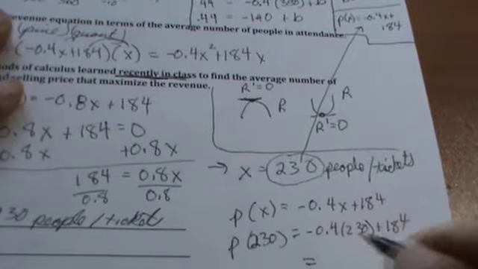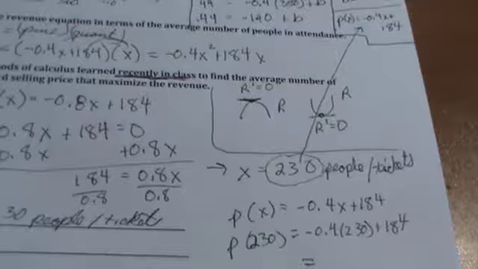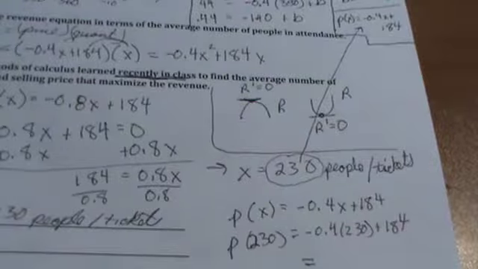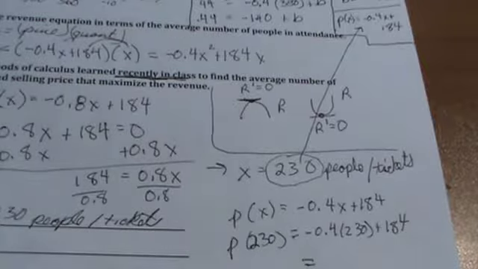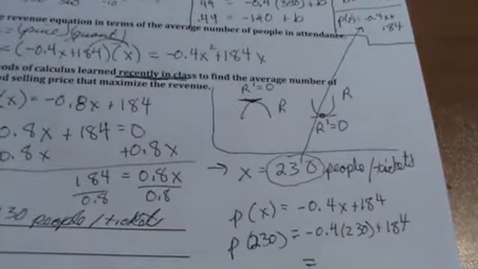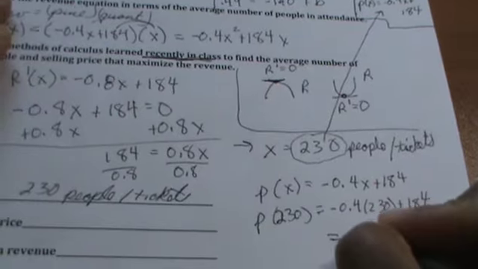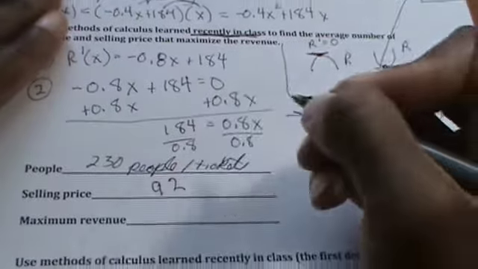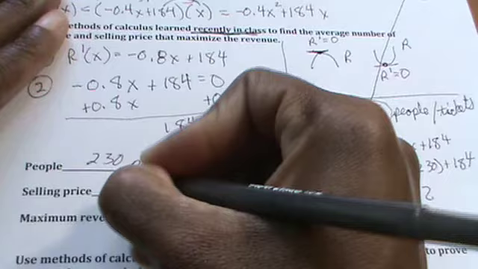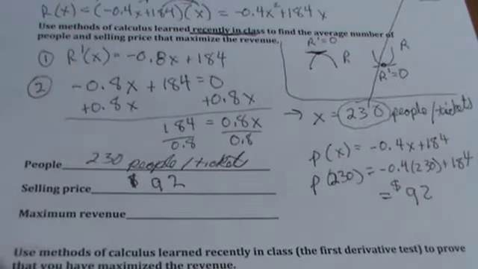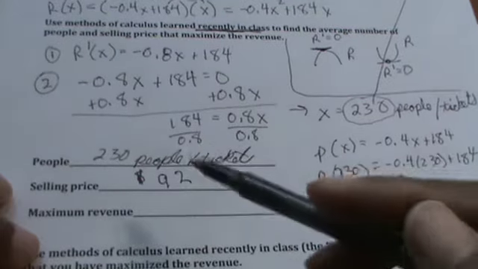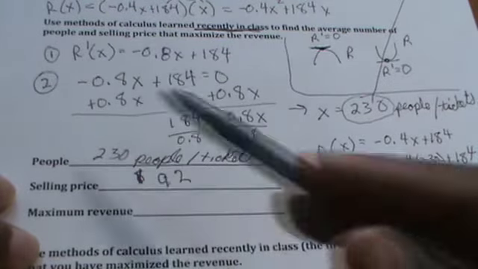All right, so let me find that real quick. Negative 0.4 times 230 plus 184, and I got $92. Make sure you put the units on it. So $92. All right, so your maximum revenue, the fastest way of getting there is just take your price times your quantity.